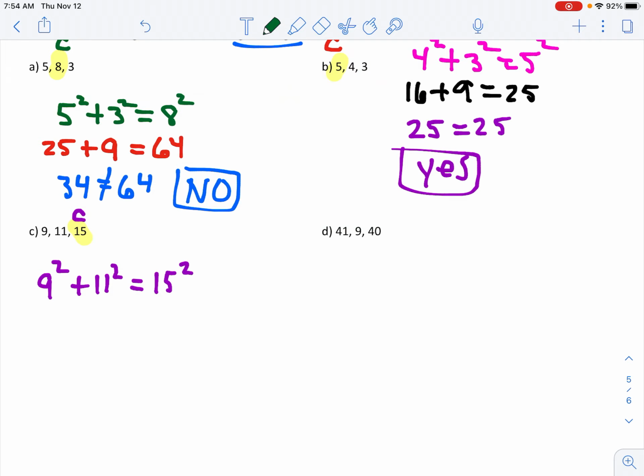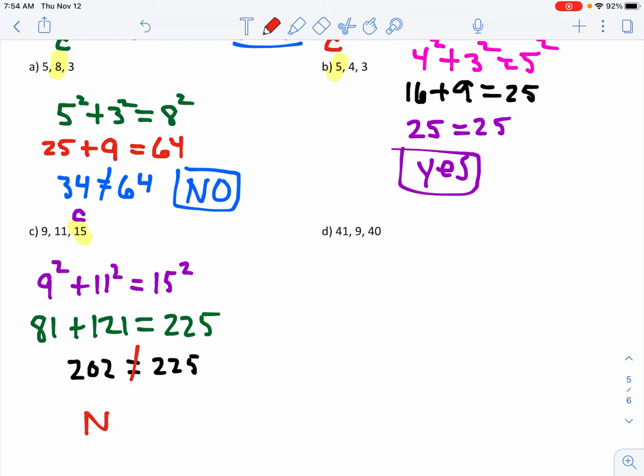All right, let's clean up our numbers. 9 squared is 81, 11 squared is 121, and 15 squared is 225. If I combine like terms on the left side, I get 202 should be equal to 225, and that is not true. Those are not equal. So my answer is no, this one did not work. It cannot be a right triangle.